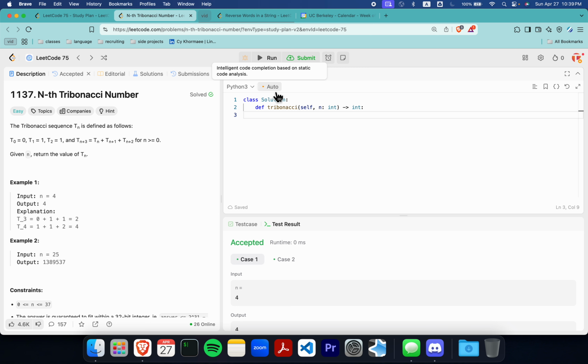So we're going to go ahead and implement the bottom up approach. Essentially what you have to do is define your base cases still. These are the cases where, if you were given that n, you have to return that T sub n value. So if n is equal to 0, you can just return n.